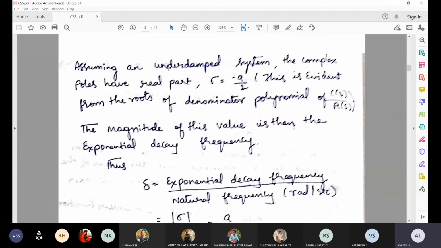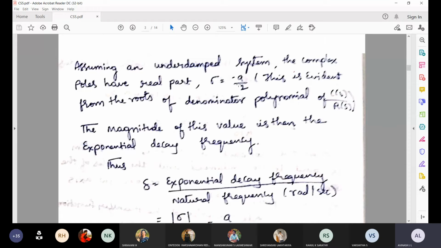Now assuming an underdamped system, the complex poles have a real part sigma equal to minus a by 2. How do we get minus a by 2? This is evident from the roots of the denominator polynomial of C of s divided by R of s.